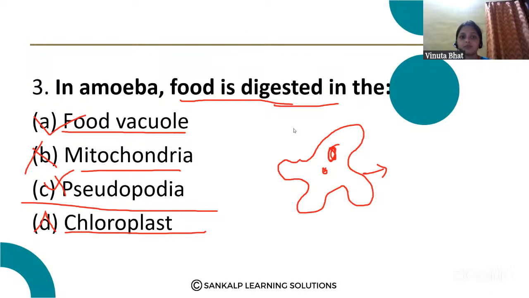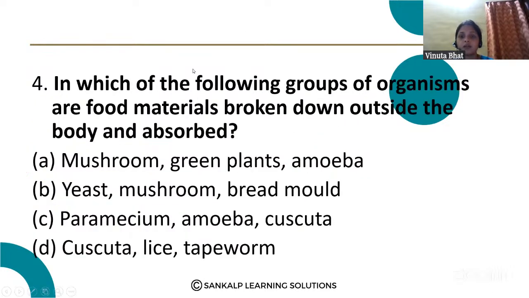Next question. In the following groups of organisms, in which are food materials broken down outside the body and absorbed? Commonly in human beings or some other organisms, the food is taken inside the body and the digestion and absorption process takes place inside the body.